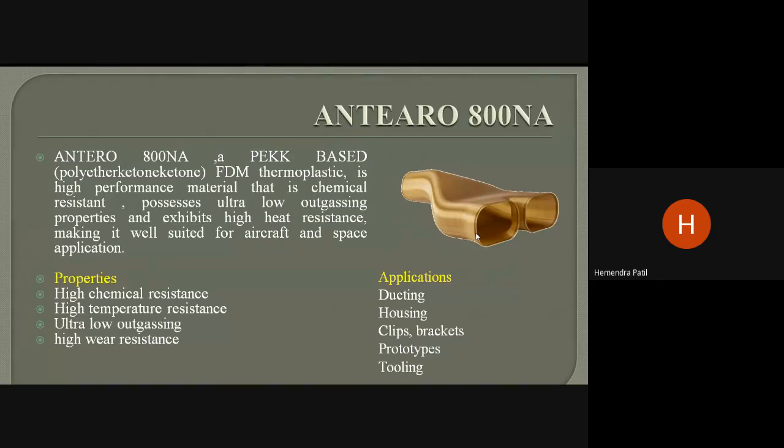The elongation capacity is 1.2%, the tensile strength is 6.6 kPa, the melting point for 3D printing is 310 degrees Celsius, and glass transition is approximately 149 degrees Celsius.